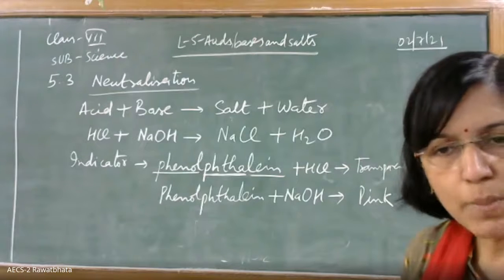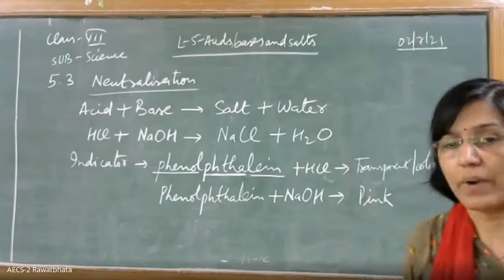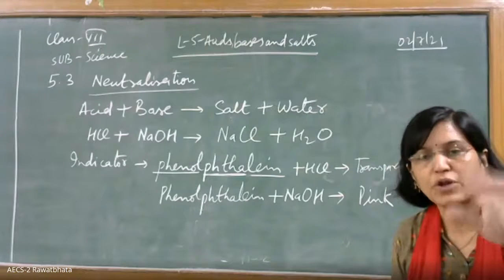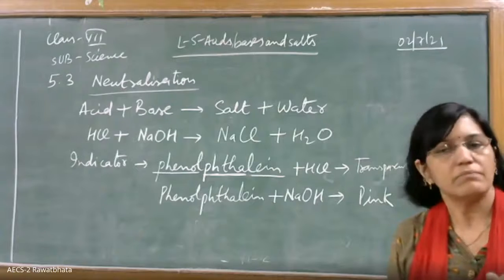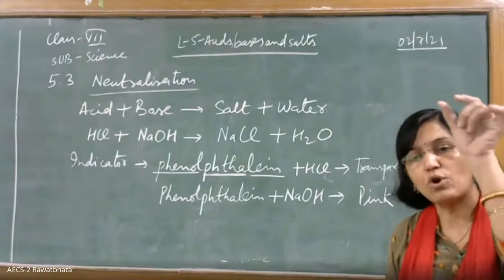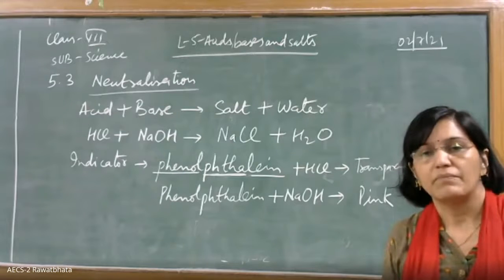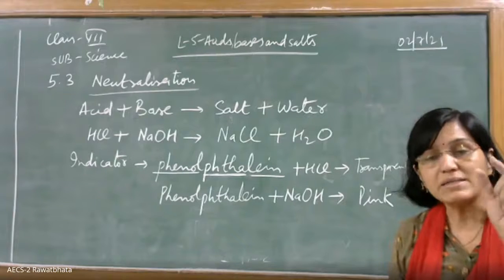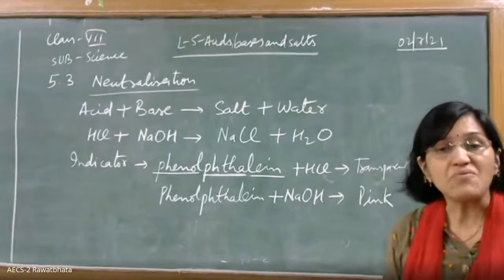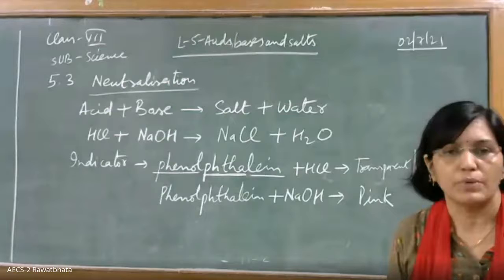Now in a tube, if I add NaOH and to that NaOH I have added a few drops of phenolphthalein, pink color, understood? Now to the same test tube, if I add a few drops of acid, acid has neutralized, you can say finished NaOH in the tube.